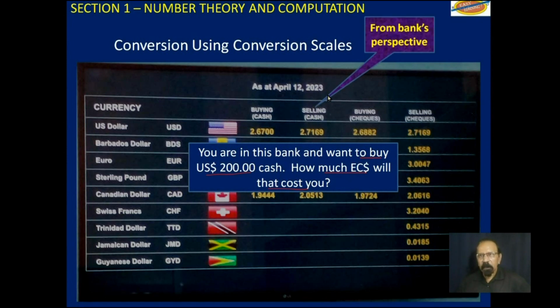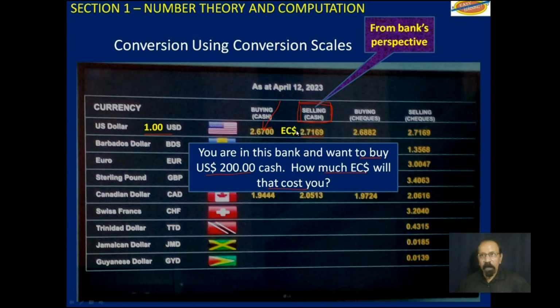You want to buy. That means the bank is going to sell it to you. So we are not using this rate. That is from the bank's perspective. We are using this rate. The bank is selling to you. You are buying. Now, as you could see, $1 US here, cash, is 2.7169 cash.